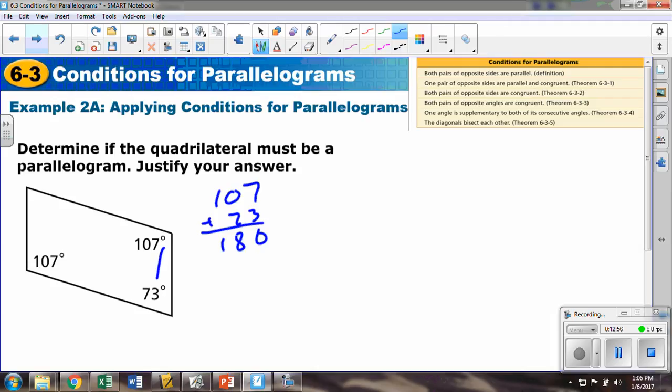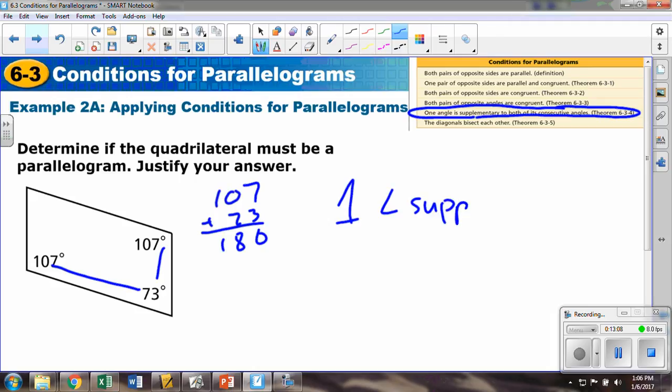Those are supplementary. Those are supplementary. Right there. One angle is supplementary to two angles. Done. That's all we needed. It's just looking at it and figuring out what we need. Sometimes we've got to combine some algebra with it.